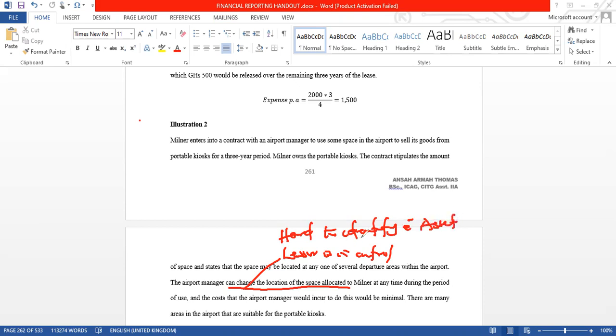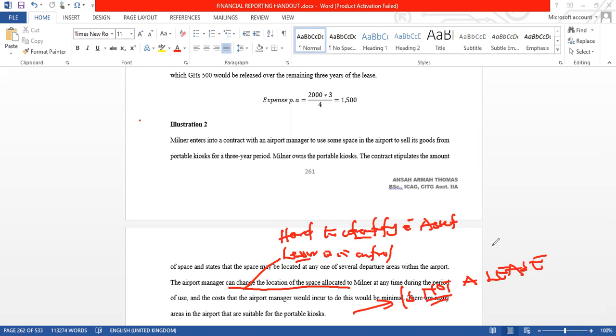Since we are not able to identify the asset and it looks like the lessor is still in control, this contract is not a lease. All right, so that is it.